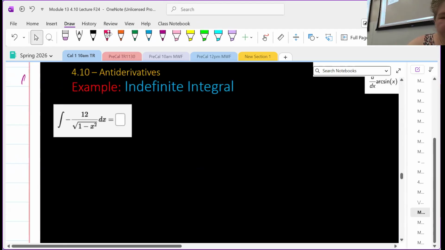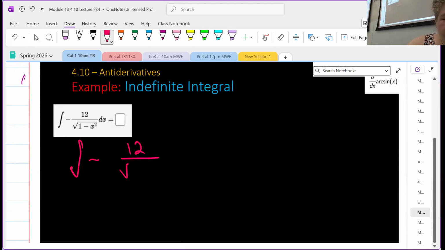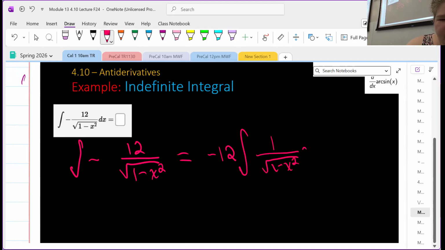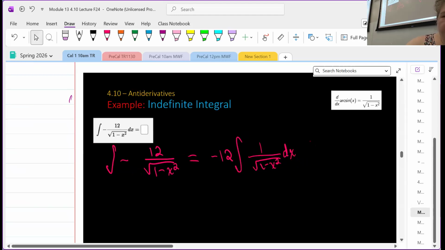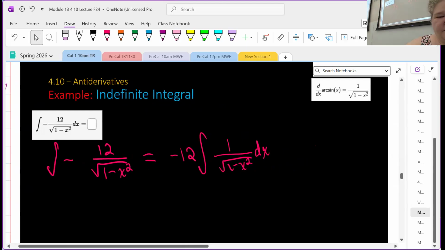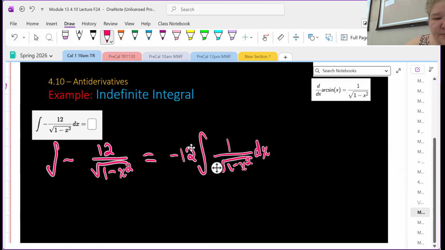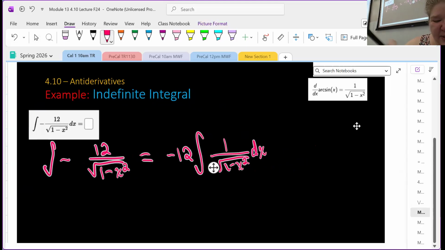All right, so first thing I'm going to do is I'm going to take that minus and that 12, and I'm going to move them outside the integral. So that'll leave me with a 1 on top as a placeholder. So moving out constant multiples, always fair game.